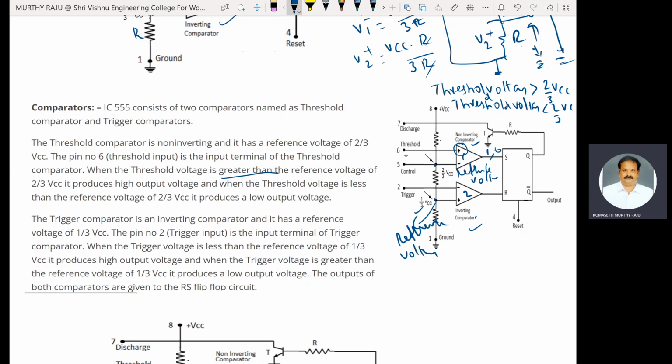Pin number 6 is the threshold input of the non-inverting comparator.